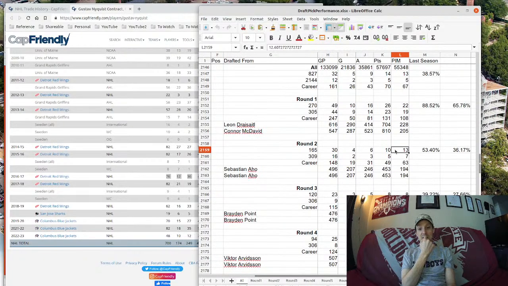And remember, the likelihood of a second round pick making the NHL is 53.4%. So it's tough to say. Really, outside of a first round pick, everything else is tradable. And realistically, you can get a lot of people in free agency.